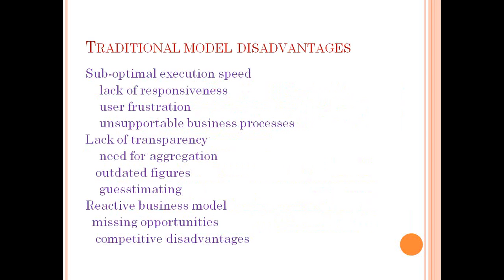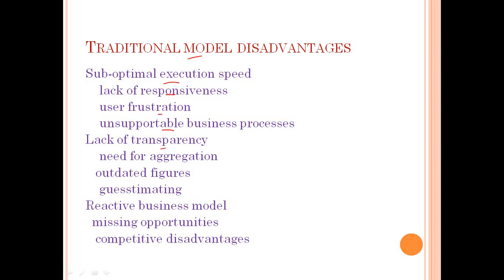And what are the disadvantages? First we will discuss the disadvantages of our traditional model. So suboptimal execution speed. So speed is not up to the mark. Sometimes the system lacks responsiveness, causing user frustration and unsupportable business processes.